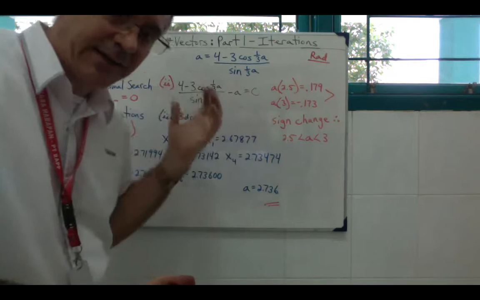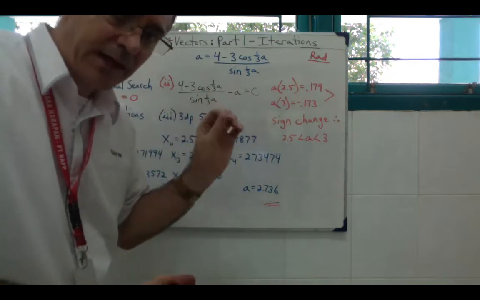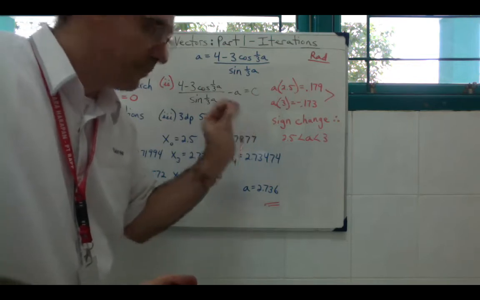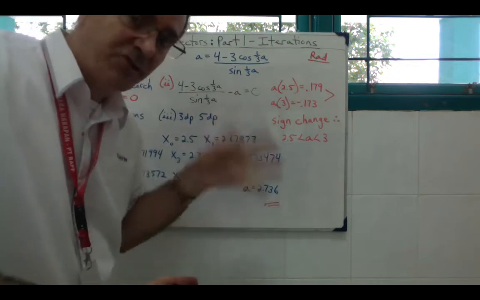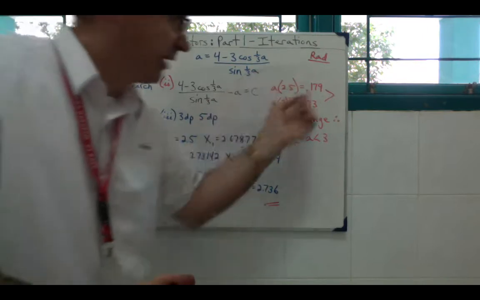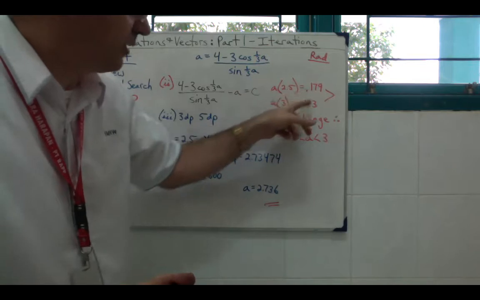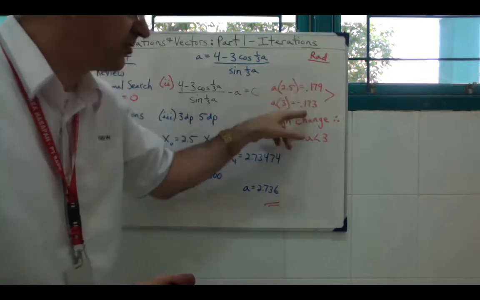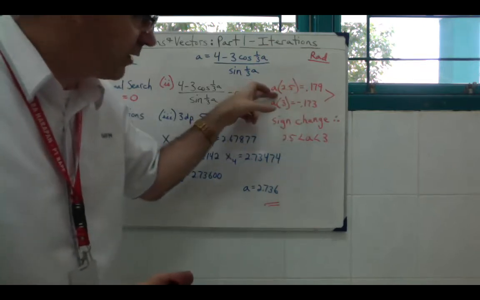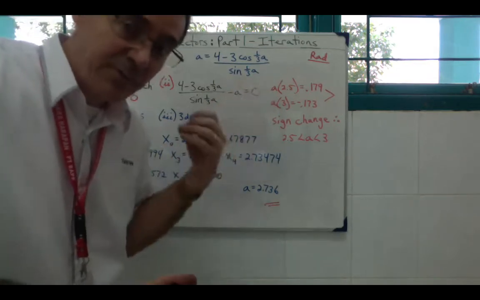This is not linear, so interpolation is not going to be a perfect match. So don't spend too much time trying to be technical about it. But if you can do a quick mental interpolation, and you see that 0.17, 0.17, it's basically symmetrical. So you want somewhere in between, like 2.75 would be a rough estimate.